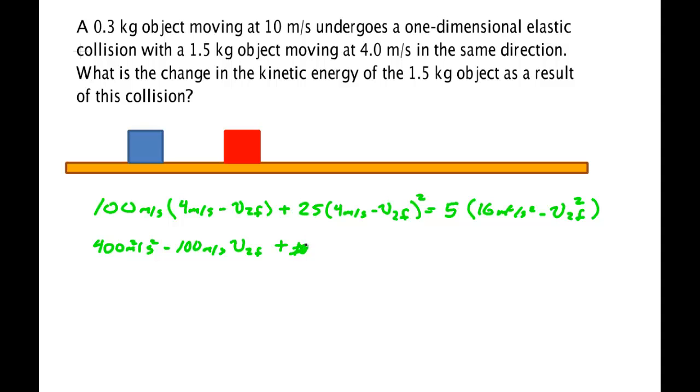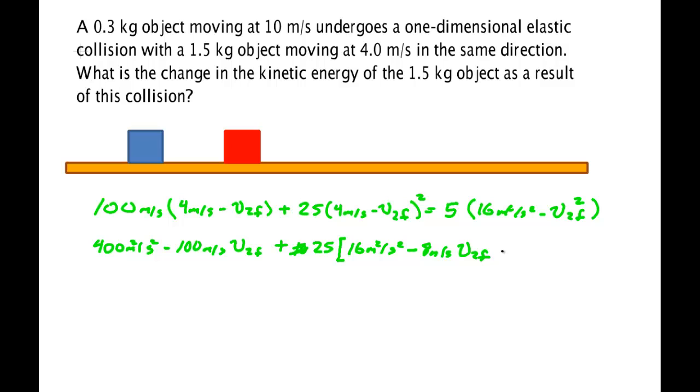25. And then I've got to square this. Well, this squared is 16 meters squared per second squared. Then we have 2 times this times that, which will be 8 meters per second V2F.